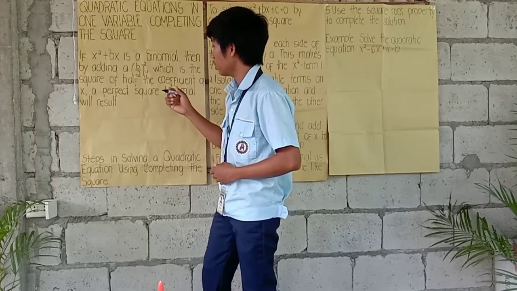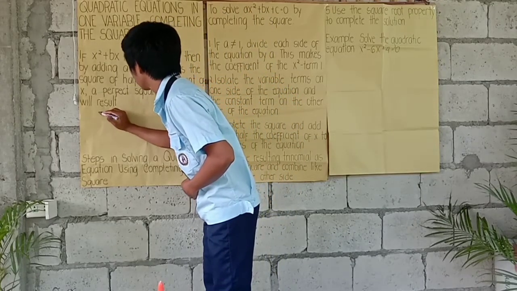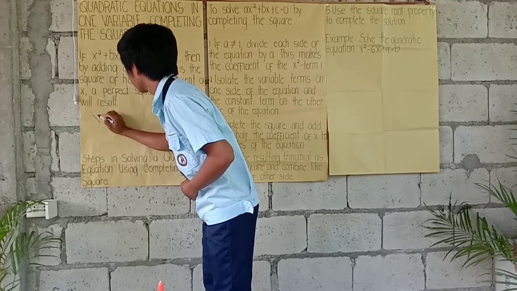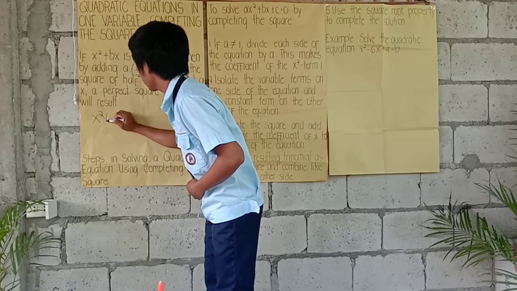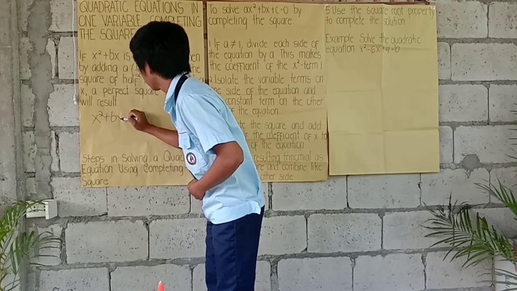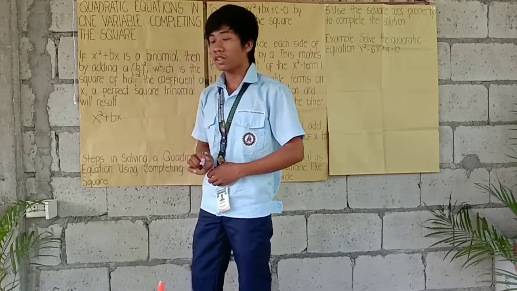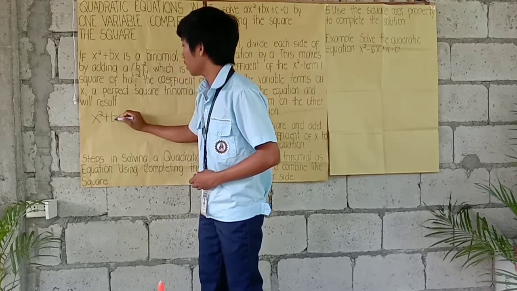So x squared plus bx, then kunin natin yung half neto, half ng b.